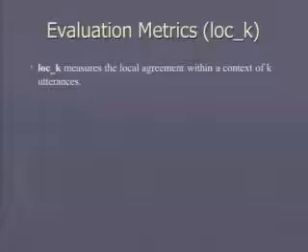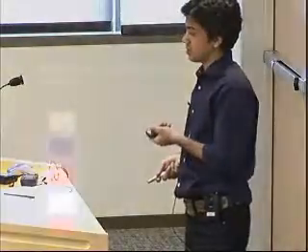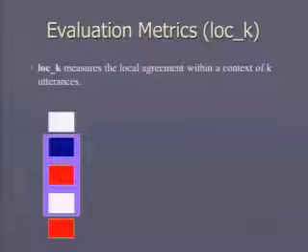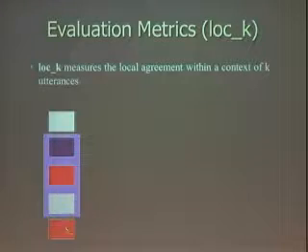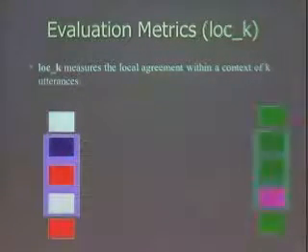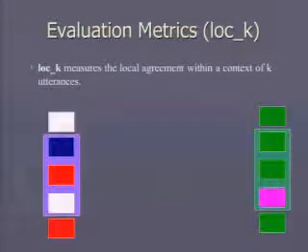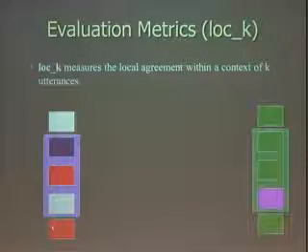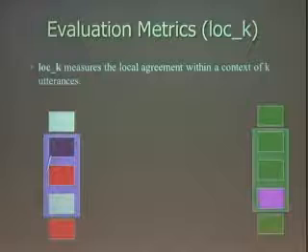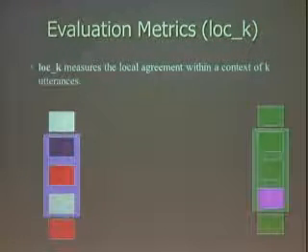Then the log K measure measures the local agreement within a context of K occurrences. So here, for example, it's a sliding window protocol. Here you can see, for this sentence, this is the source and this is the destination or the target. So for this sentence, we at first check the previous K utterances, whether they are the same or different.